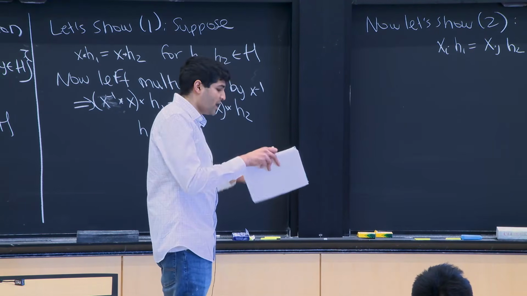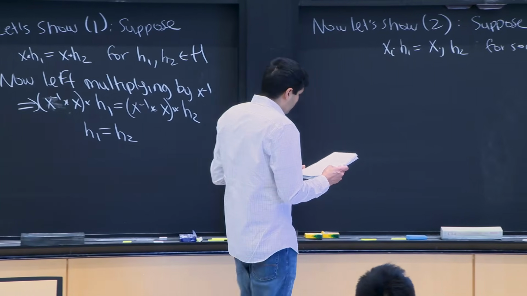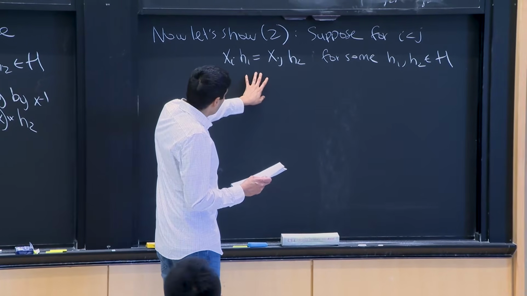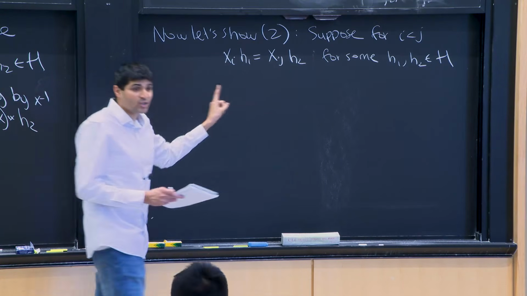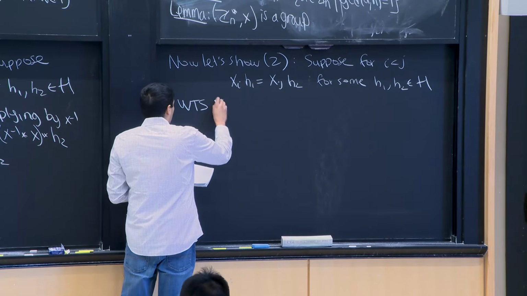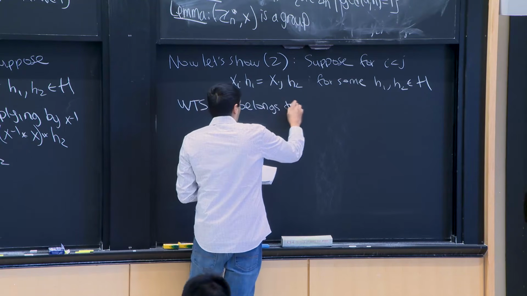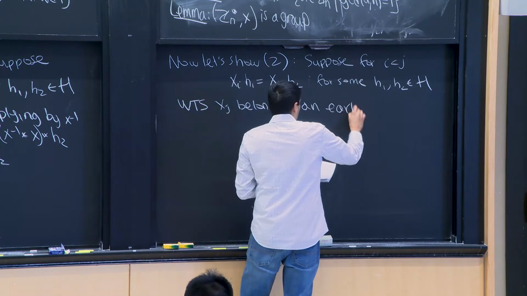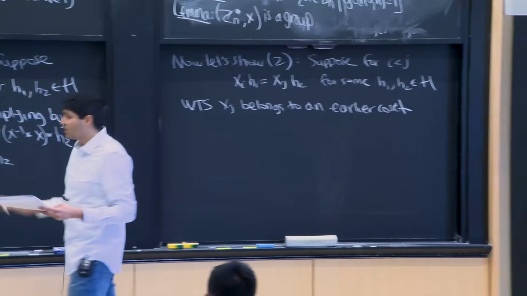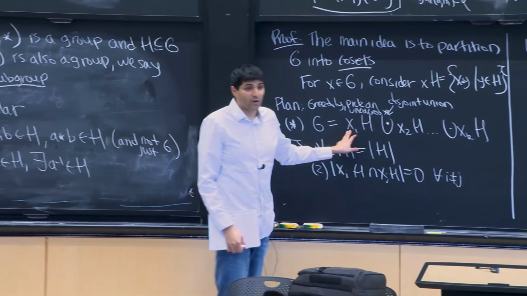And now we're going to try and get a contradiction, right? I'm going to ask you to help me out. I want to show that xj actually belonged to an earlier coset. This would let me be done, right? Because what is the way that I built up my cosets?